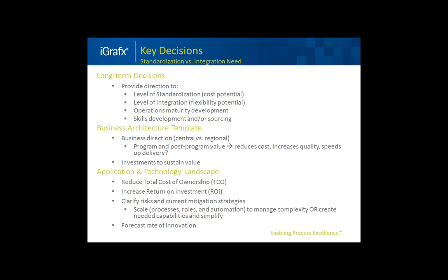In this case, you have certain decisions to make. We are coming to the end. There are certain aspects you need to think about. There are long-term decisions. You need to provide direction on the level of standardization for your cost potential, the level of integration for your flexibility potential, and your operational maturity development, in order to say where we are developing what.